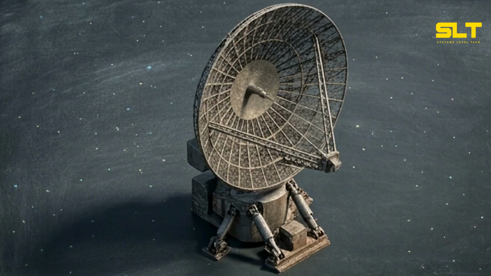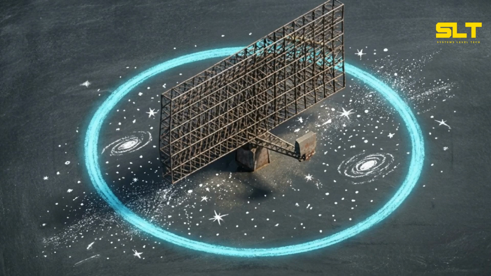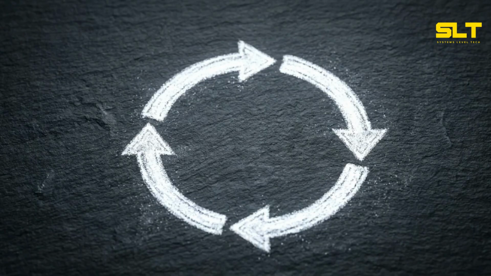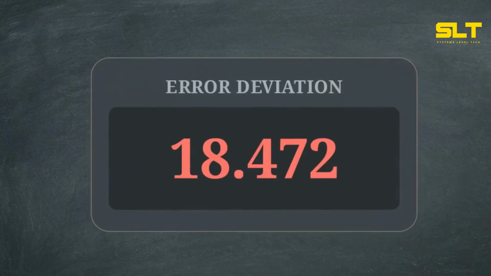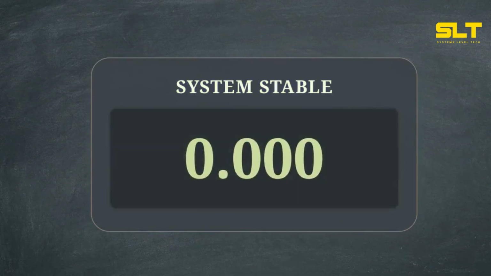This internal recognition of environmental chaos and the autonomous response to it defines the control system. Whether it is amplifying torque, bridging distances, translating energy, or fighting off a storm, the architecture shares one goal. It takes an input, measures reality, and drives the mathematical error to absolute zero.